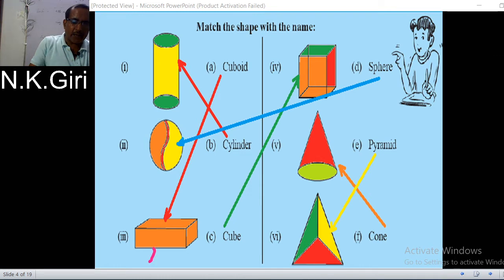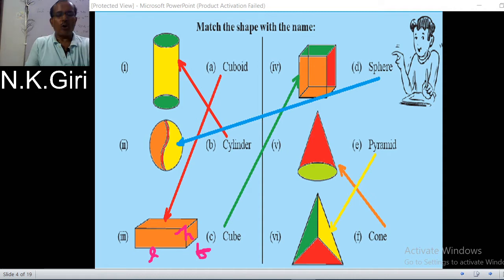This is called L, this is B for breadth, and this is H. The length, breadth, and height are not the same in this figure. A three-dimensional figure which has different length, breadth, and height is known as the cuboid.